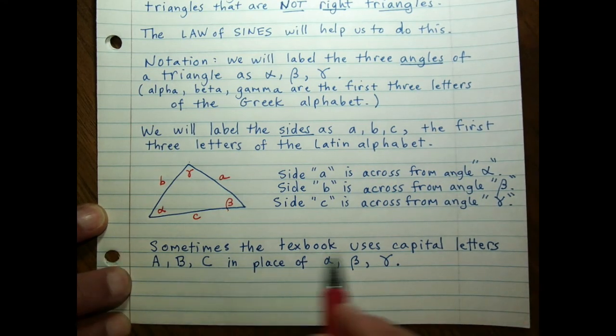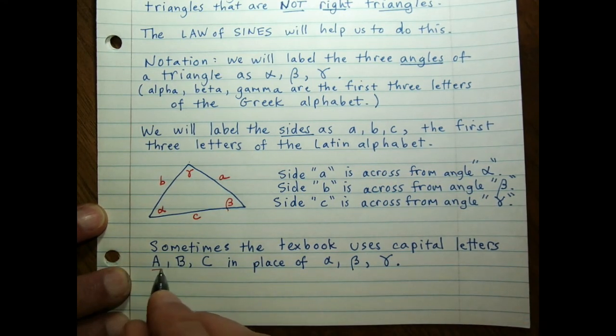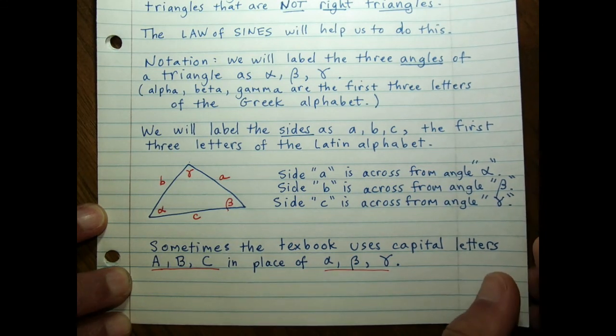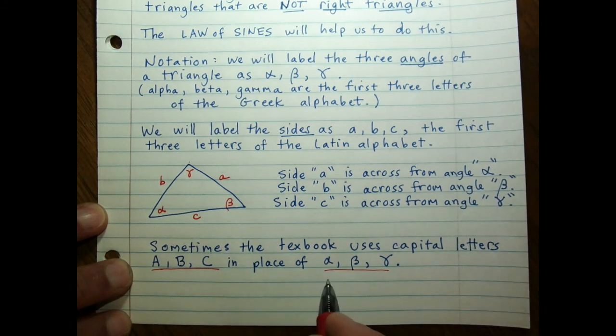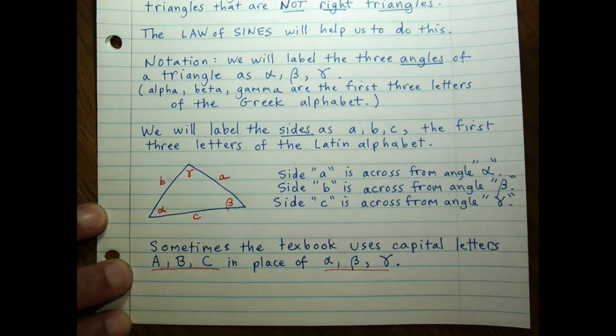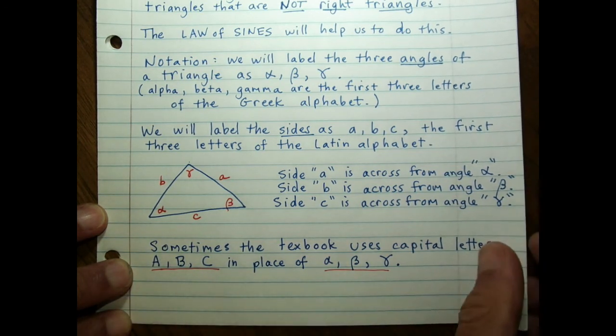And sometimes the textbook uses the capital letters A, B, C in place of alpha, beta, gamma. If you don't like the Greek letters and you want to just always use capital A, capital B, capital C for the angles, that's fine with me.